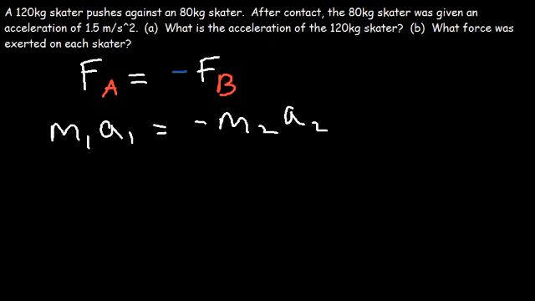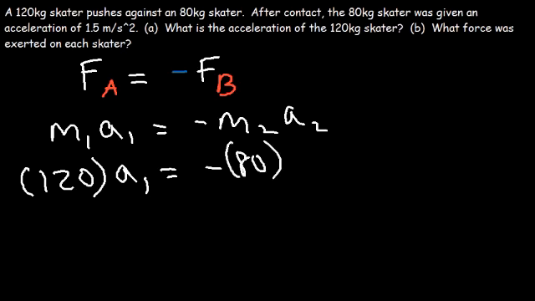Now, all we got to do is plug in the information. The mass of the heavy skater is 120 kilograms. We don't know the acceleration of the heavy skater. We need to find it. The mass of the light skater is 80 kilograms, and his acceleration is 1.5.